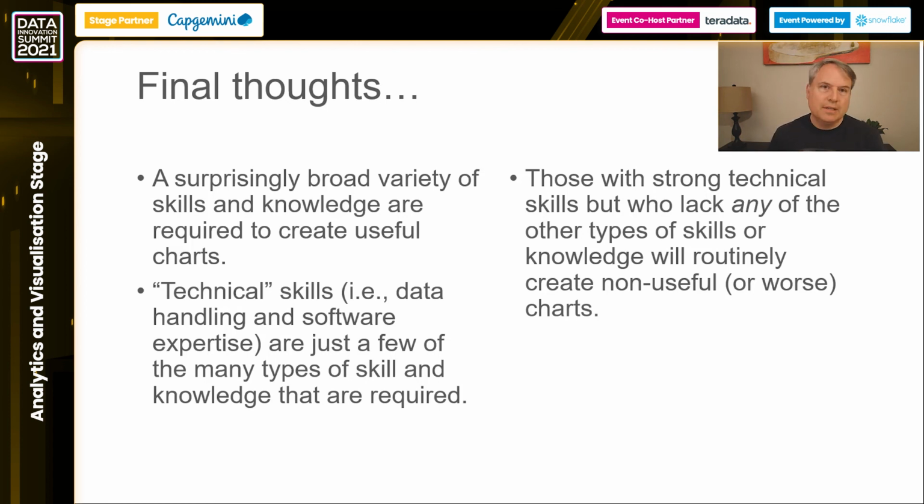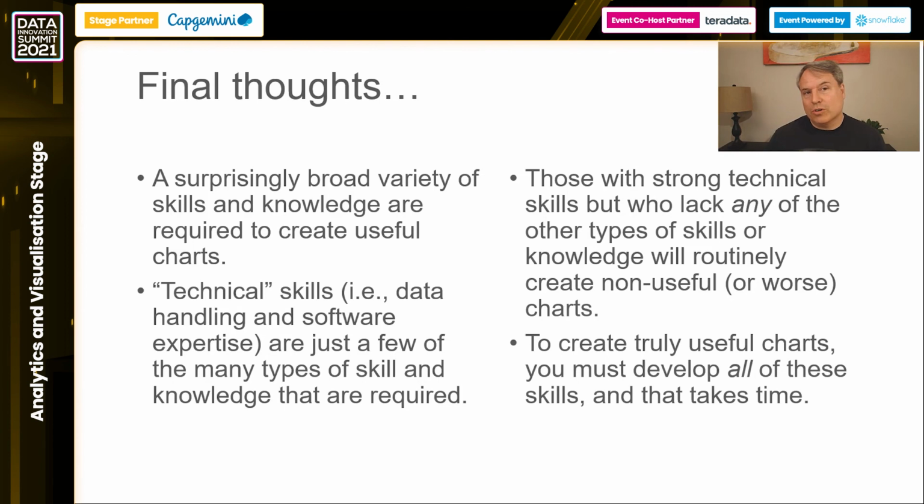They don't show up in the chart because whoever's creating the charts just didn't spend enough time understanding the situation of the audience, for example. Or they were lacking some statistical knowledge, and now they're mistaking causation for correlation or something like that. Those are real problems. Those are going to lead to bad decision making.